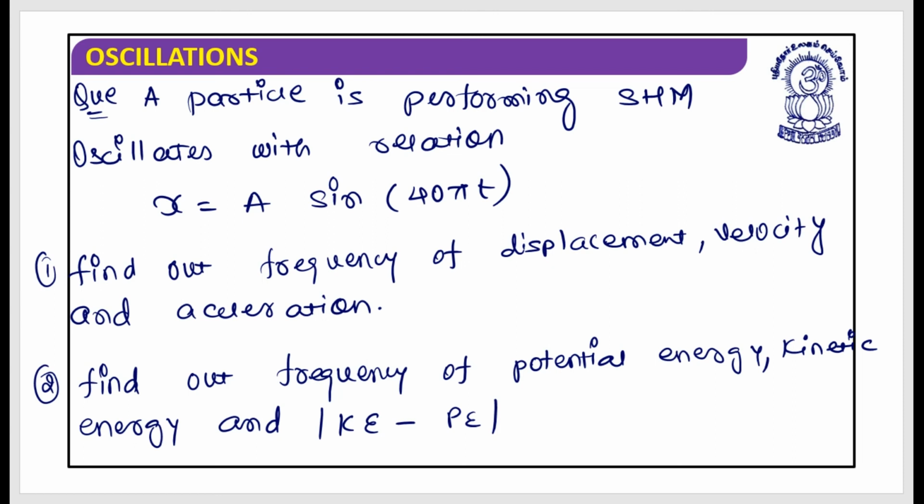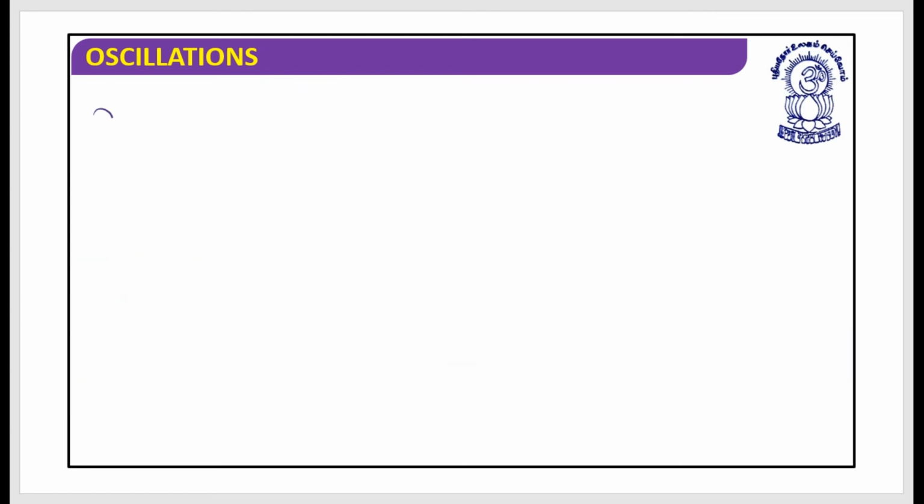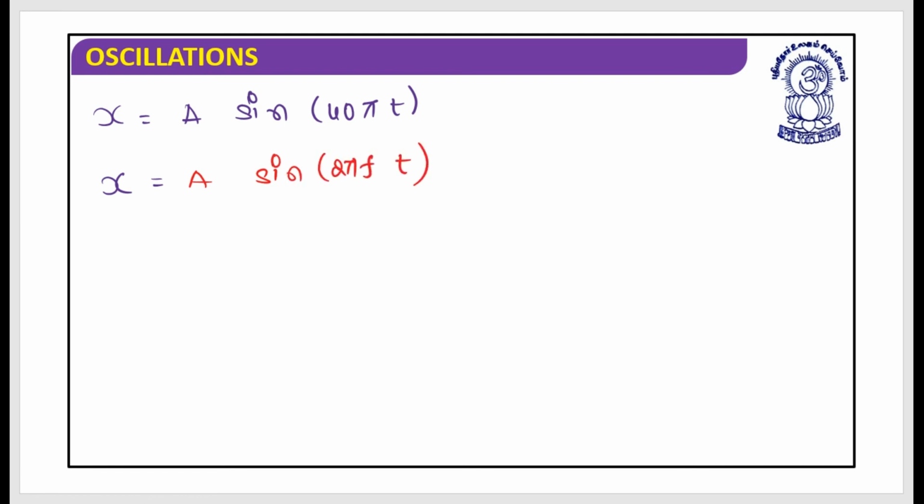So this x, which was equal to a sin 40 pi t, compare this with our standard relation x equals a sin 2 pi f into t. So 2 pi f is equal to 40 pi, and in this situation the frequency would be 20.